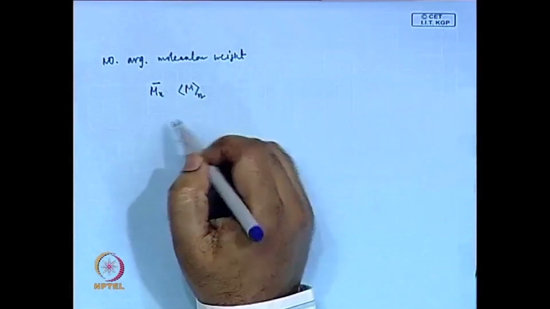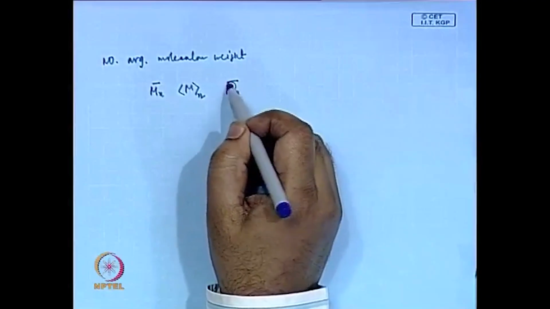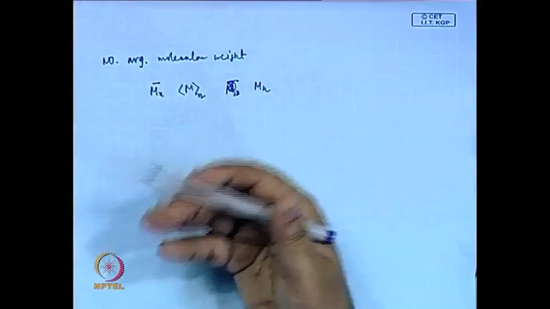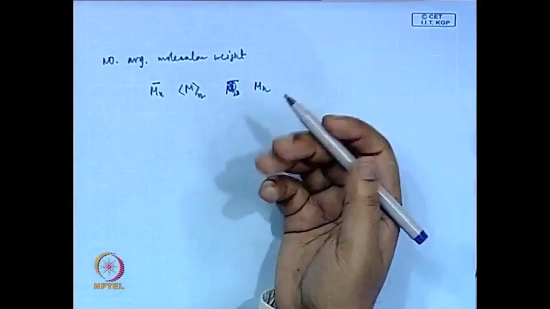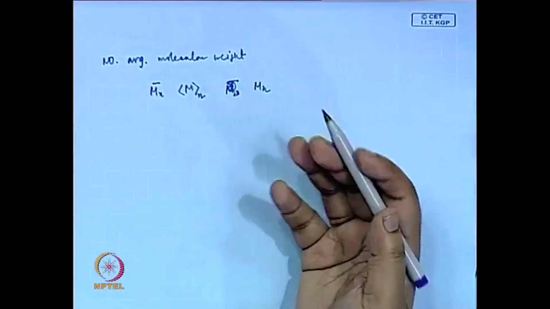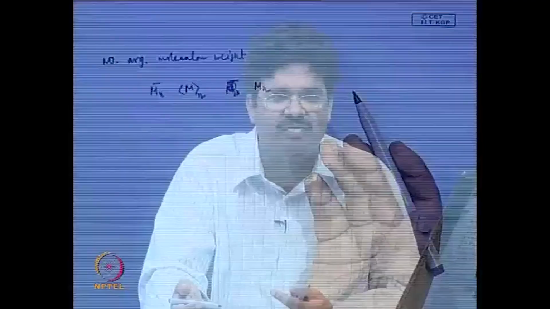You can choose to write any of these, and sometimes simply Mn, because as polymer people we know that it is always an average. So even if you write simply Mn, it will be understood by all of us that it is an average molecular weight.